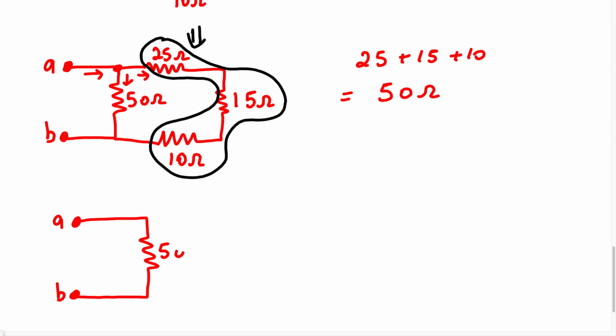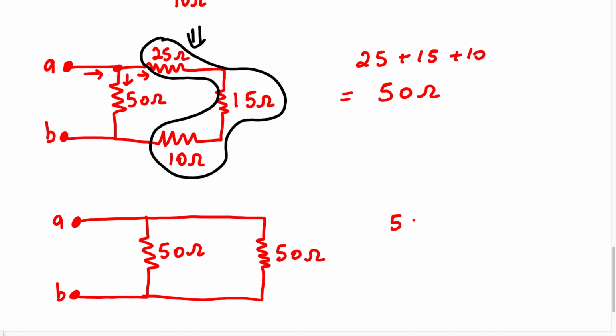We know this is 50 ohm. And the equivalent resistance for these three resistors is also 50 ohm. So we have 50 ohm. Now when we look at this, we know these two resistors are actually going to be in parallel, right? So because these two resistors are in parallel, when we solve for this now, the equivalent resistance for these two resistors is just going to be 25 ohm.